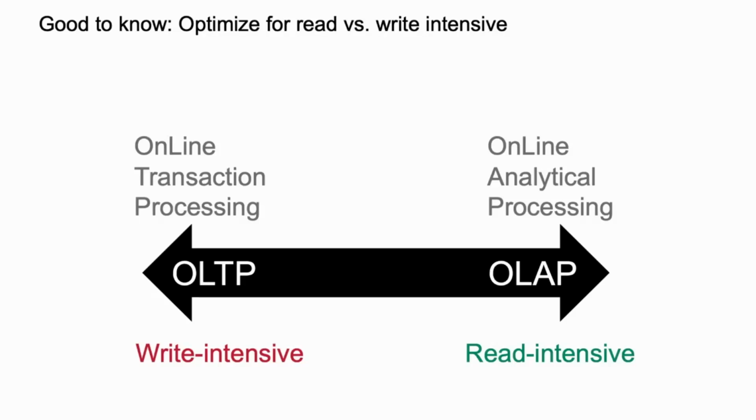We call it OLTP, online transaction processing. It's write intensive. And on the other hand, we have other uses of databases which are read intensive. It means that you don't actually modify any data, you just read it. That's what happens if you download a data set from the internet, put it on your computer, and analyze it for your master's thesis. That would be read intensive, right? So we call it OLAP, also online analytical processing.